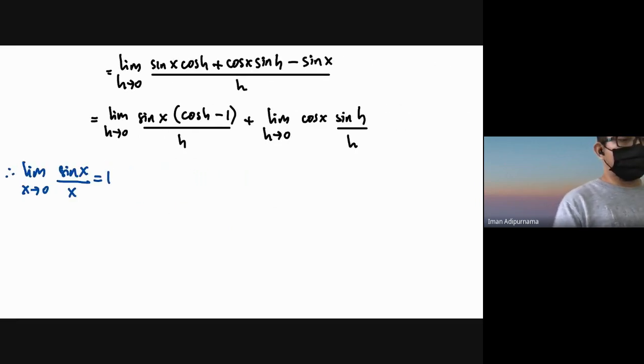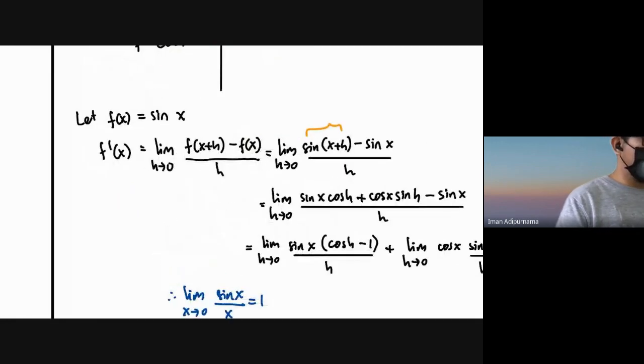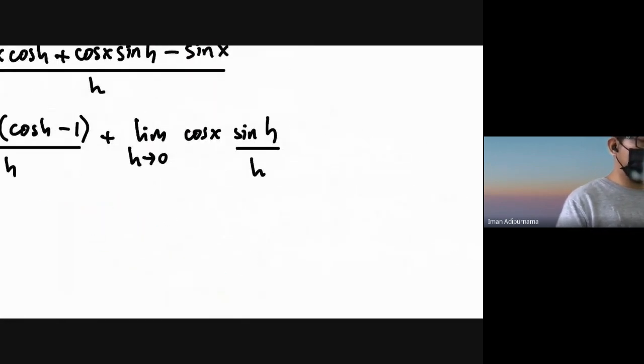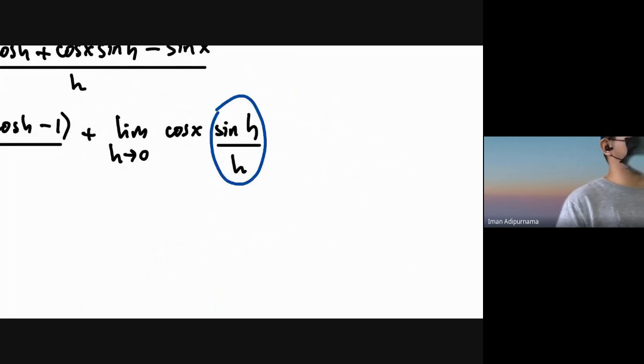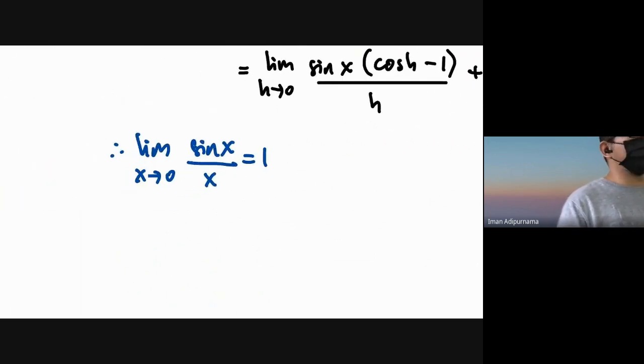You have sine h over h that you need to solve through another method, which is the squeeze theorem. And I think I also gave you the graph. If you draw the graph on GeoGebra, precisely the limit is 1.